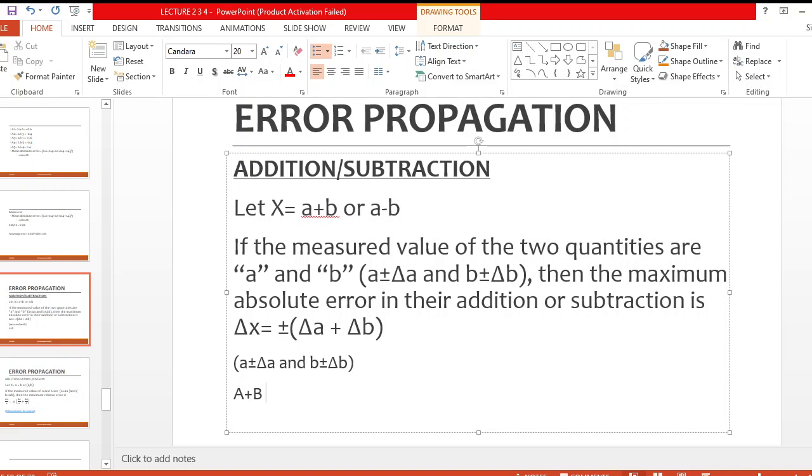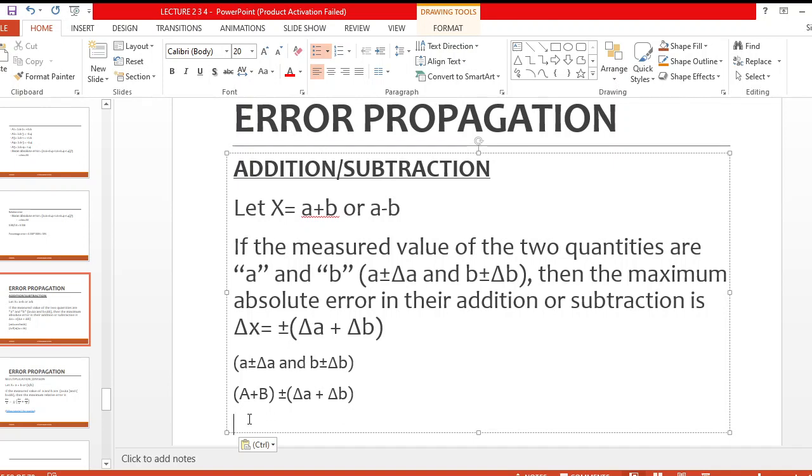For example, if a was 5 and b was 4, then a plus b would be 9. So that's normal. Now if you want to quote the error for this a plus b quantity, the error becomes the summation of the absolute errors in the measurement. So you just add change in a plus change in b, and you find the combined error.